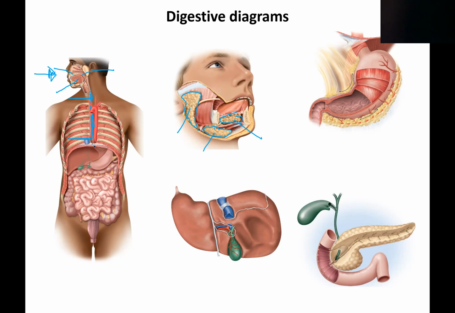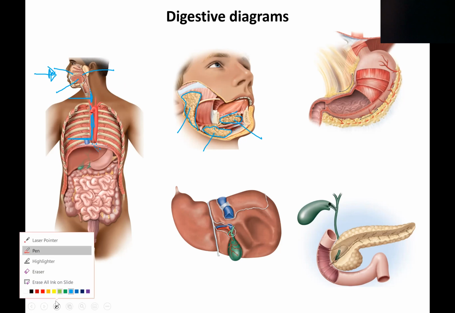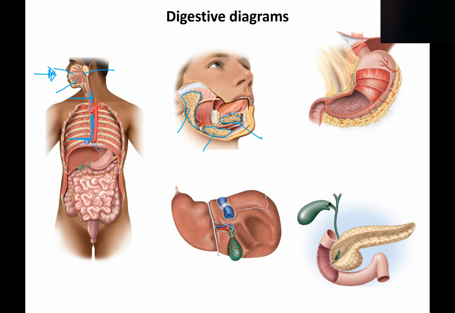It goes through the diaphragm and behind the liver. Then you have the gastroesophageal sphincter. You can also see that here.